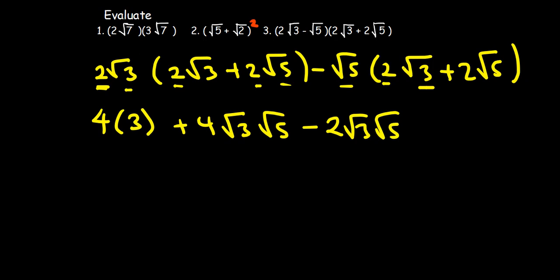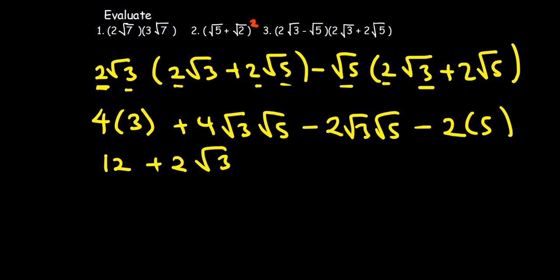Then for the last one, that will be negative 2, the 5 by 5, the root of 5 will cancel, and I'll just remain with 5 there. So the first part here gives me 12, since 4 by 3 is 12. Then here I can subtract, and we will have 2 root of 3 root of 5 remain. Then in the last one there, I will get negative 10.